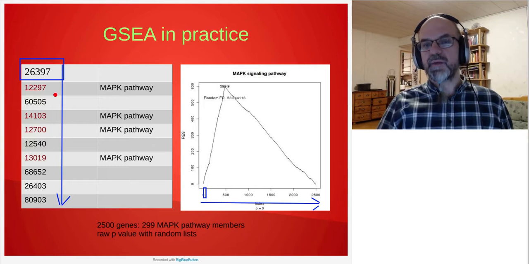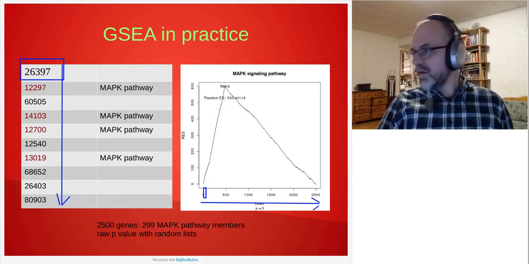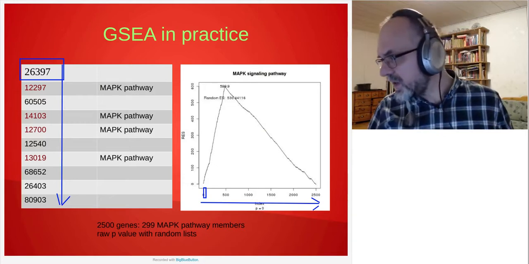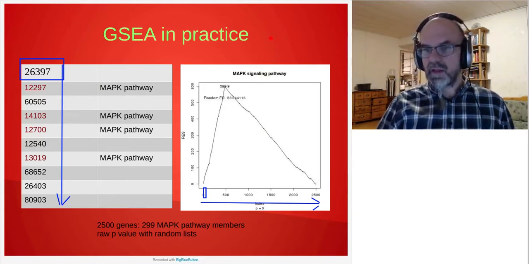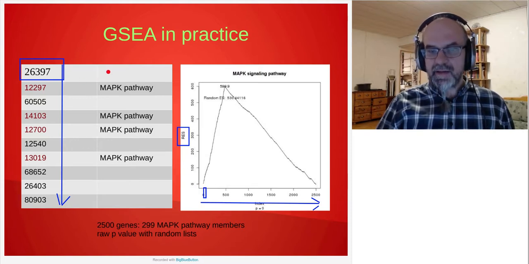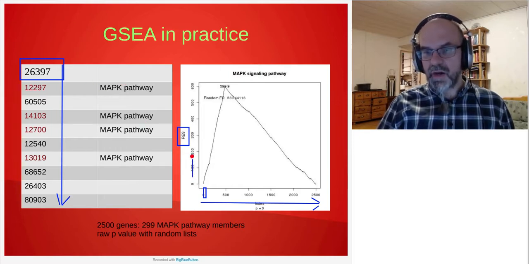How we perform this calculation is that we set a so-called running enrichment score, which we are visualizing on the y-axis, and we set it to 0 for the first gene, and we start to step down on this list one by one. And when we encounter a gene where this label is labeling that gene, then we are going up.